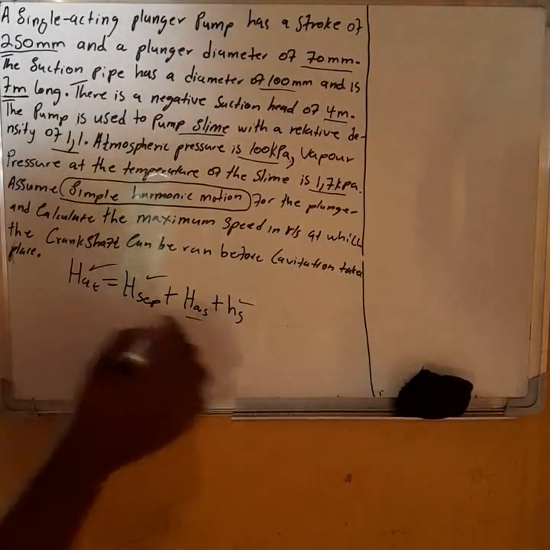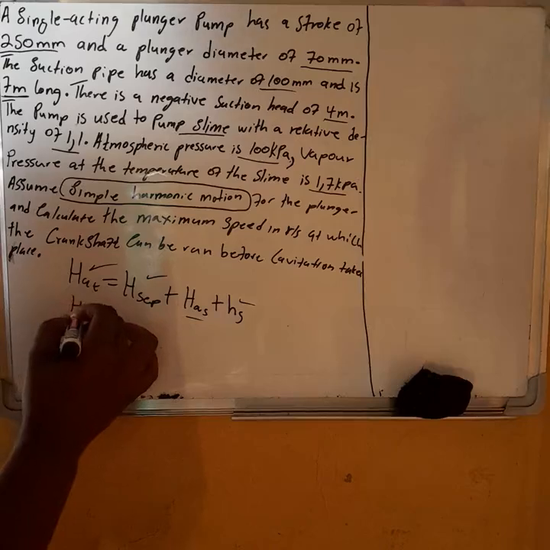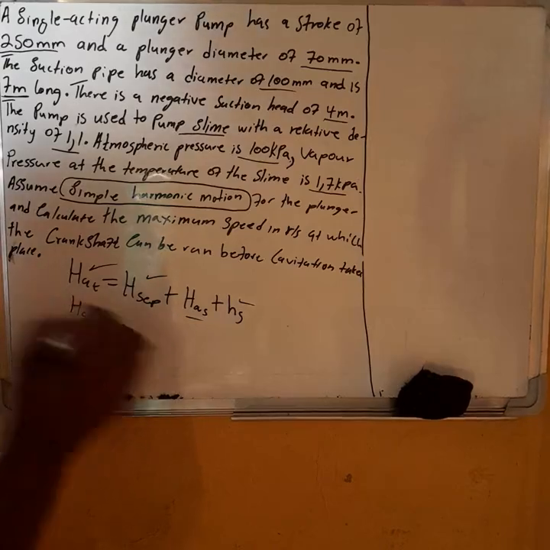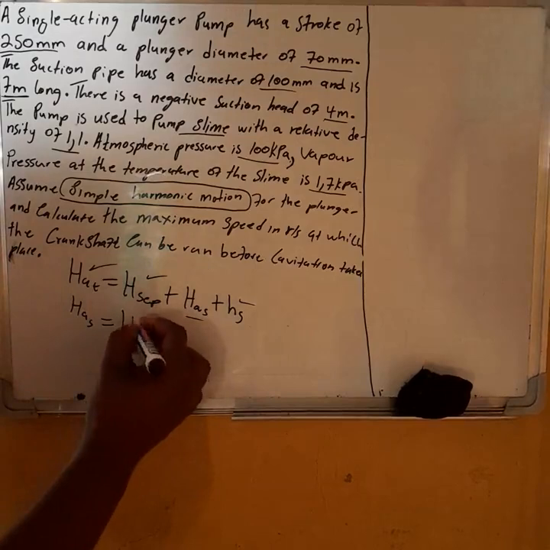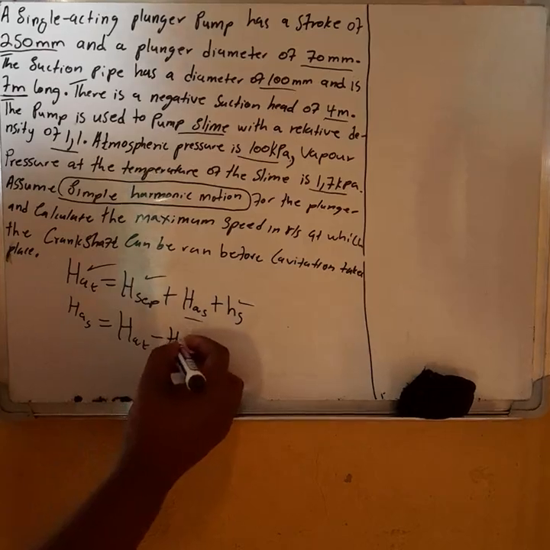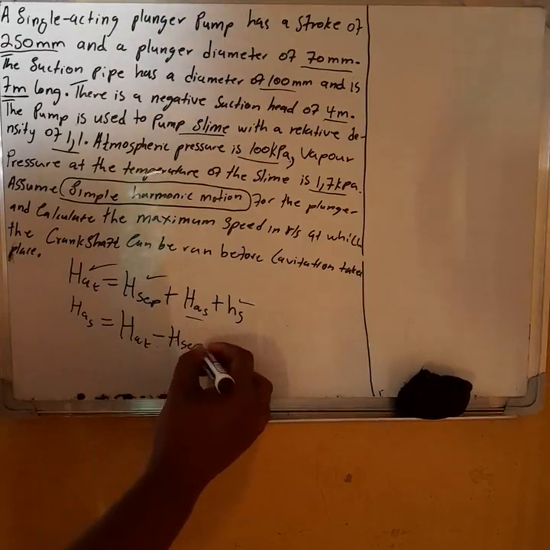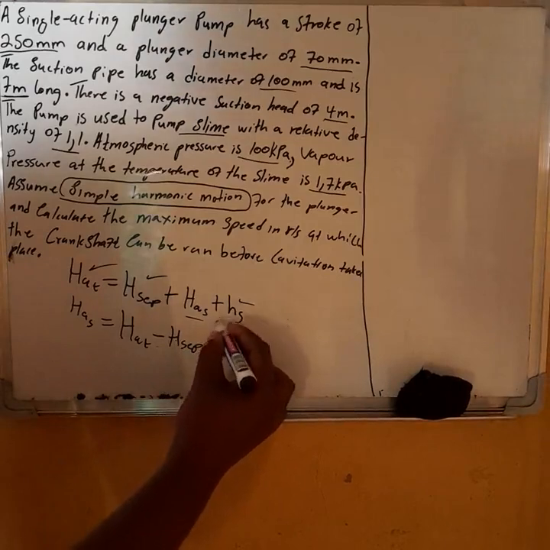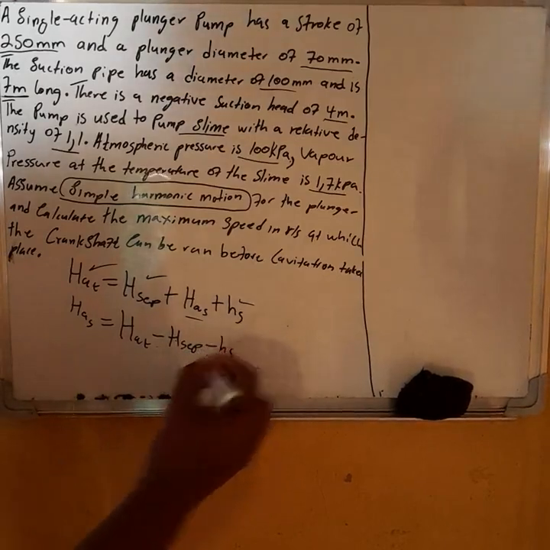If we make H_AS the subject, we will have H_at minus H_sep minus H_s.